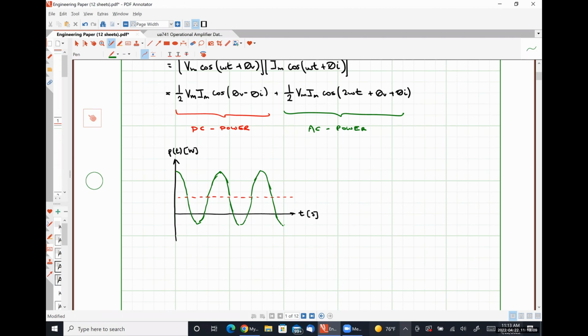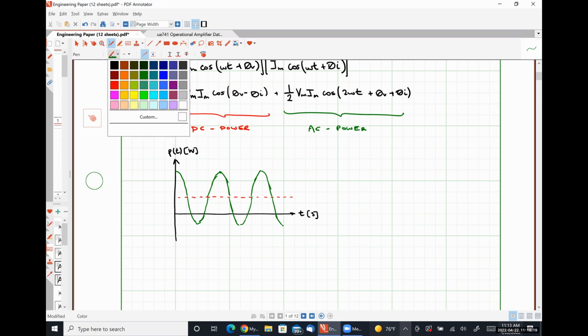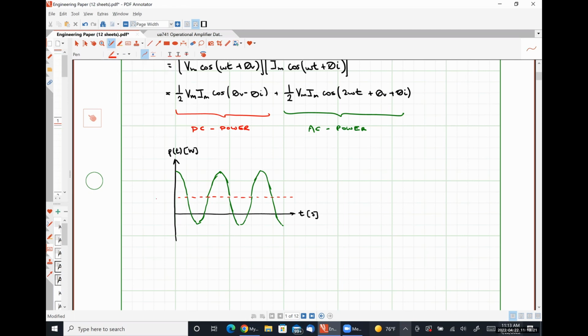The DC offset here represents the average power absorbed by this network. 100% correct. So we're going to call this P average. And then our instantaneous power, again represented in green, is the power that oscillates about this average point.